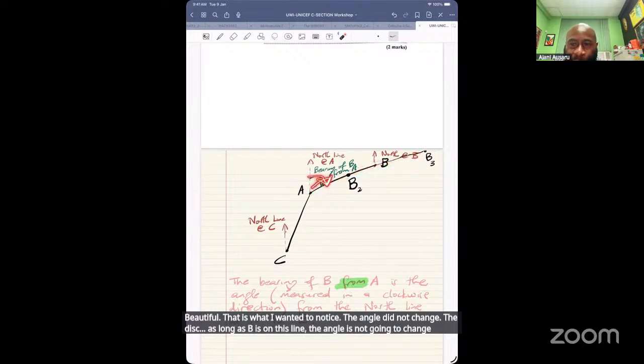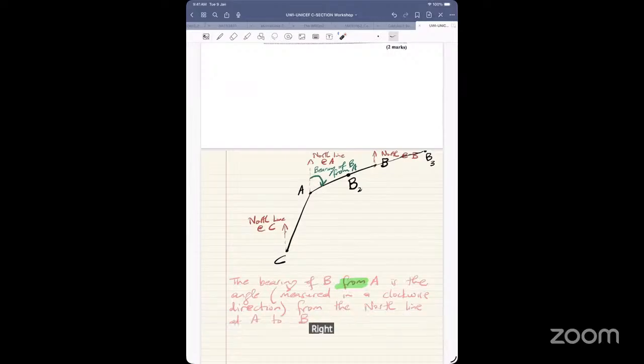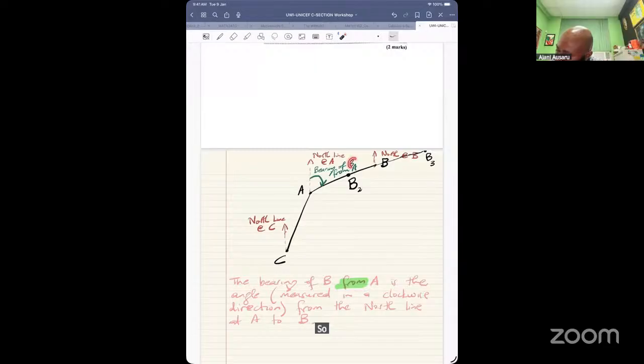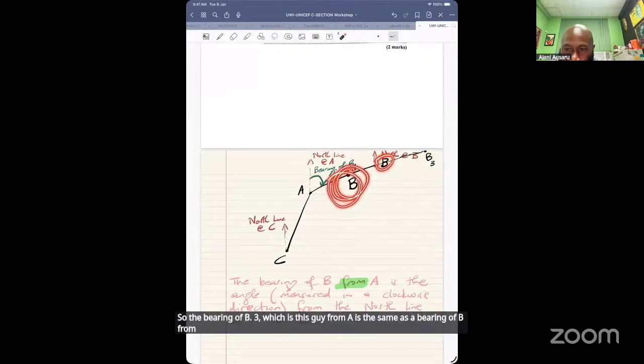The bearing is not going to change, right or wrong? Right. So the bearing of B3 from A is the same as the bearing of B from A, which is the same as the bearing of B2 from A. This angle doesn't change as long as B sits along this line. Make sense?